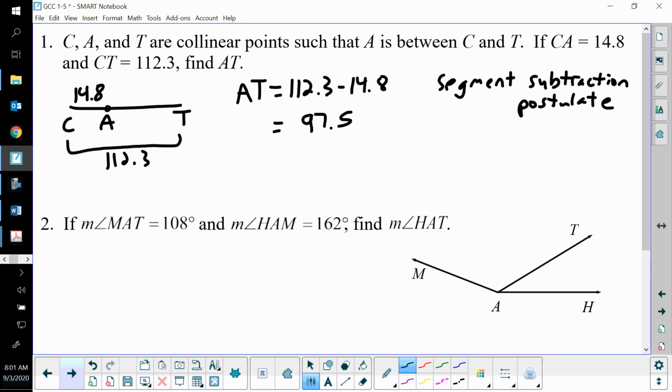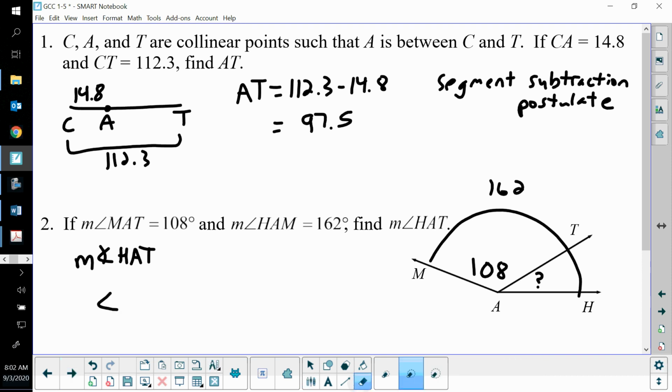In the bottom one, MAT, this angle here is 108. HAM, the whole big thing here, is 162. And we don't know the measure of HAT. Well, the measure of angle HAT, now you might notice when I write angles, I'll sometimes put that little mark in there just to differentiate it from a less than sign, so it doesn't look the same. But the measure of angle HAT should be the big one, 162, minus the one small one, and that'll give us the other small one, HAT.